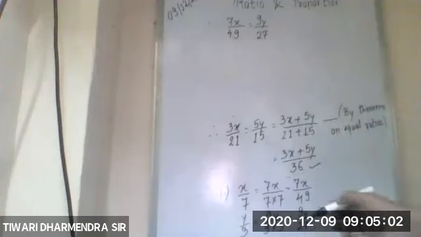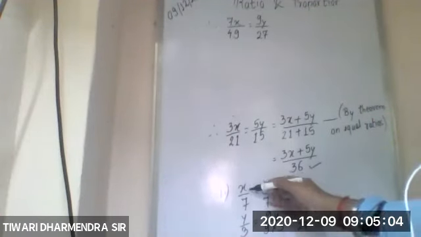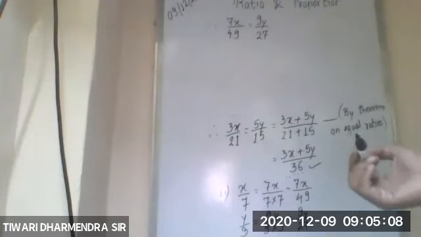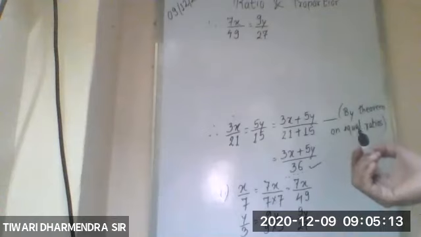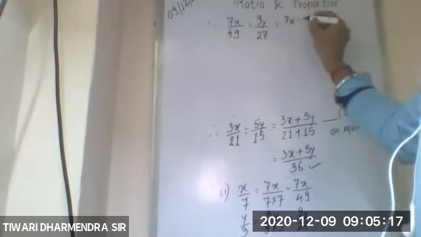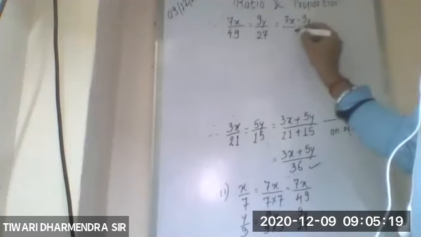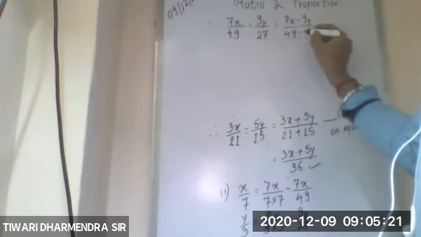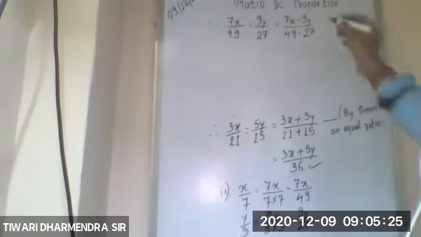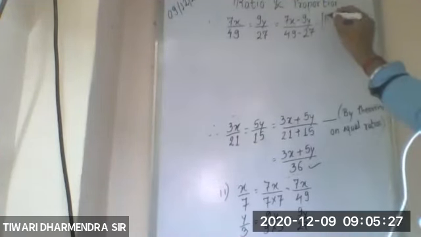Why are they equal suddenly? Since it is given that x by 7 is the same as y by 3, and using the property of ratio and proportion, 7x upon 49 is equal to 9y upon 27, which is equal to (7x minus 9y) upon (49 minus 27). Reason: by theorem on equal ratios.